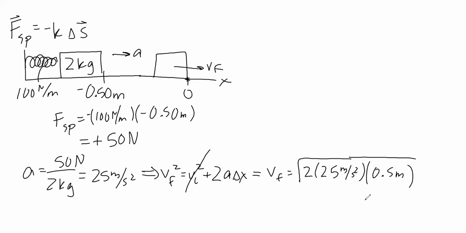Right, the displacement of the object is a positive 0.5 meters. The acceleration is also a positive 25, and so the signs work out in this.